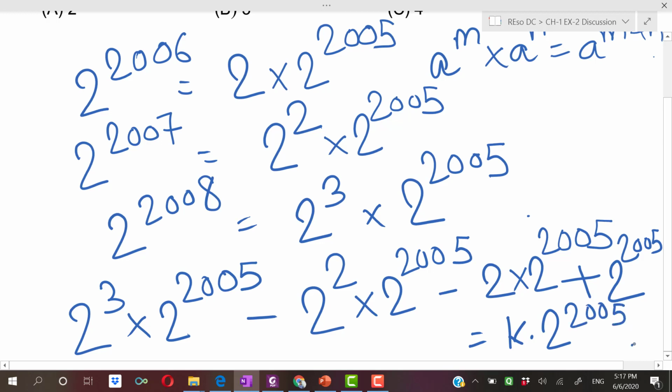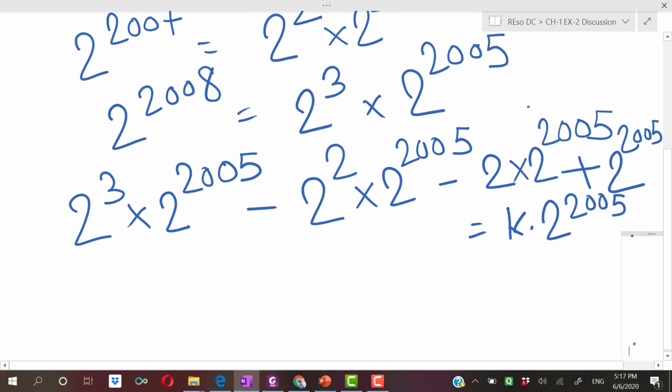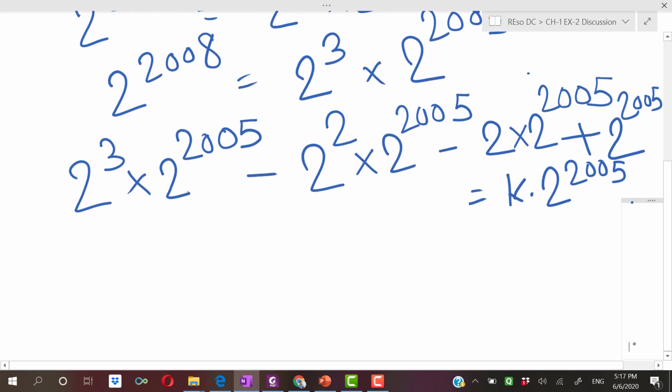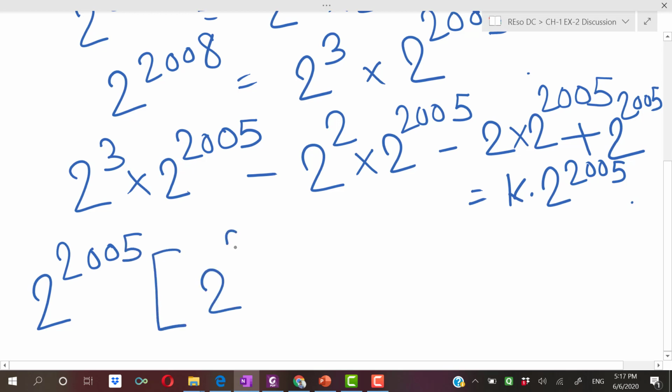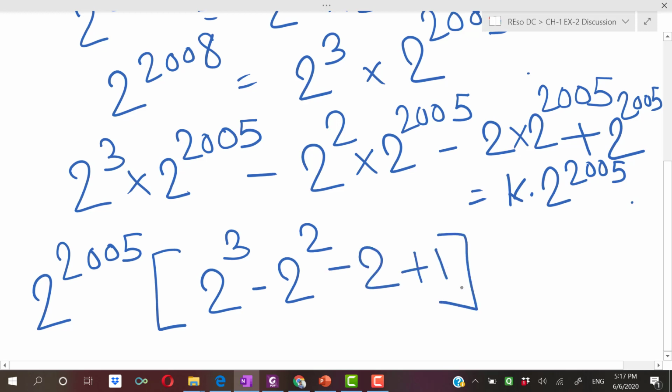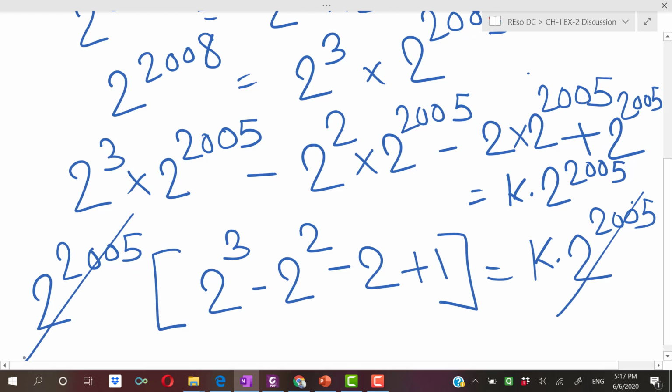So solving further, first of all, I will take 2 raised to the power 2005 as common. So it will be 2 raised to the power 3 minus 2 square minus 2 plus 1 equal to k into 2 raised to the power 2005. So I will cancel 2 raised to the power 2005 from both left hand side and right hand side.